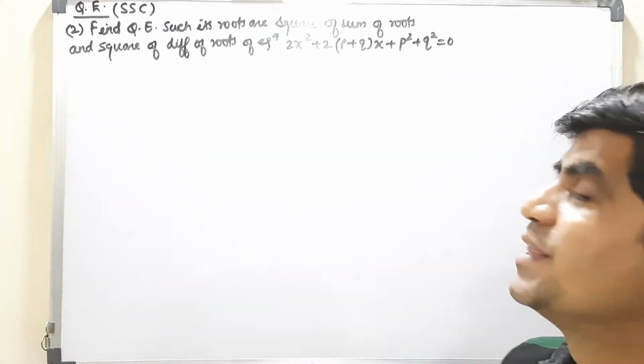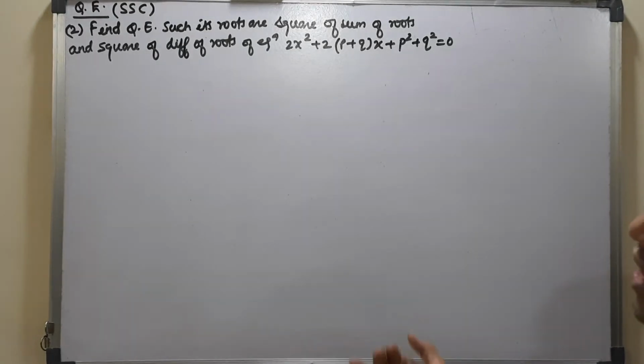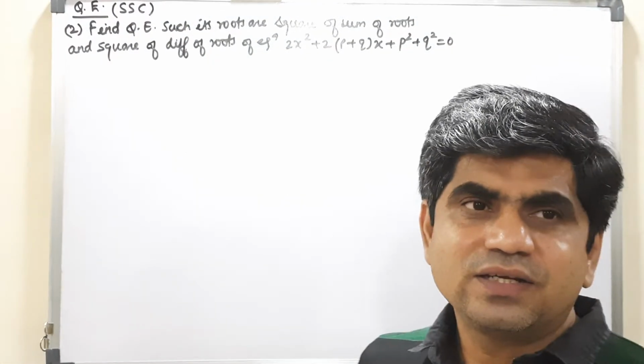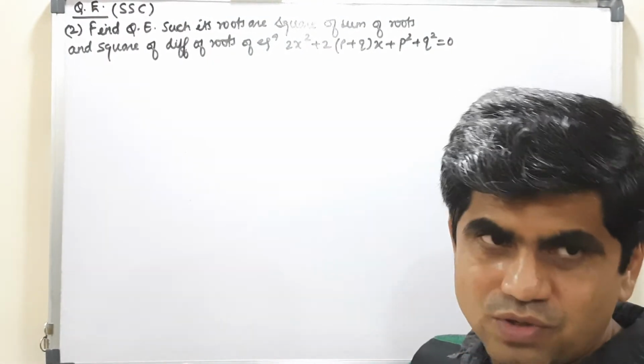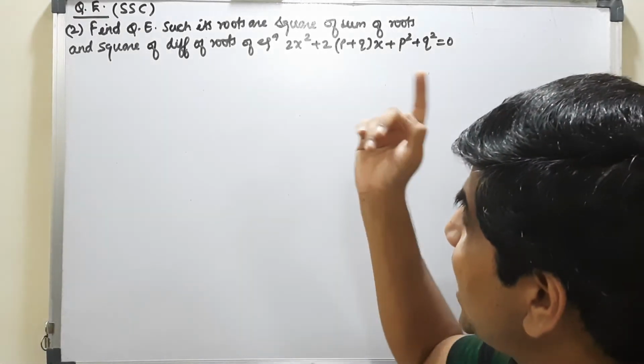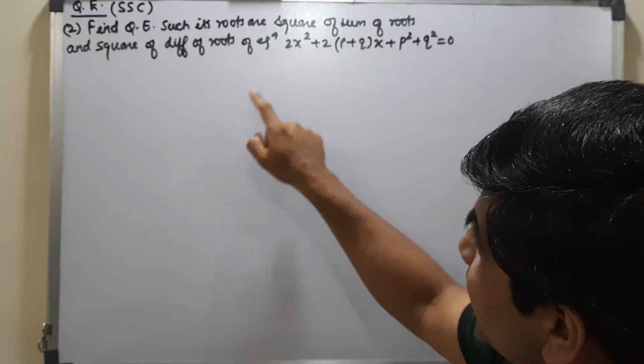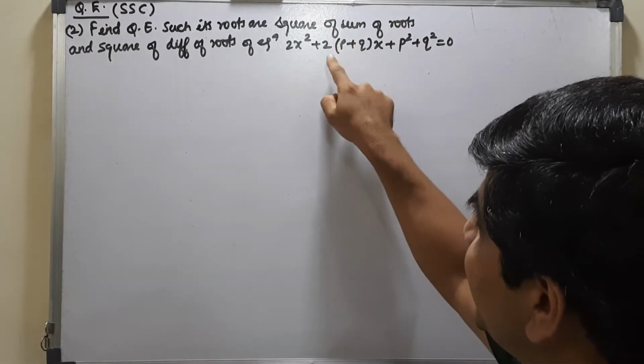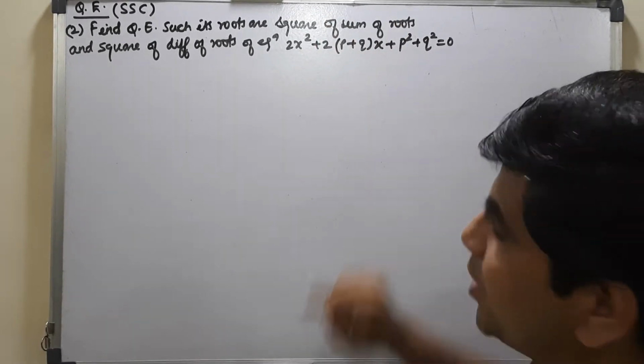That means the required quadratic equation will have two roots, R1 and R2. R1 is the square of the sum of roots, right? That is for this particular equation.